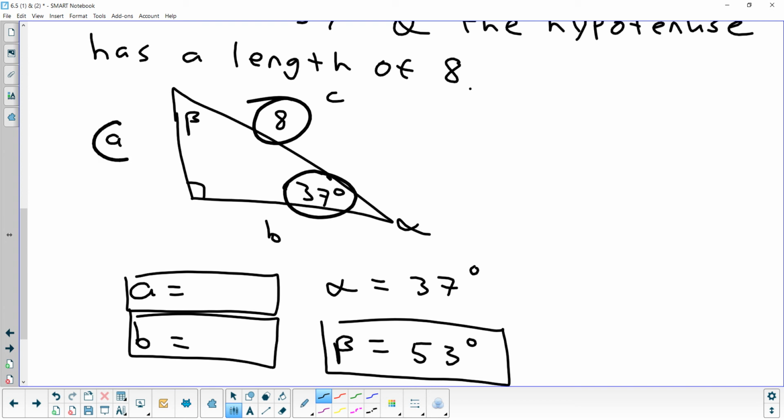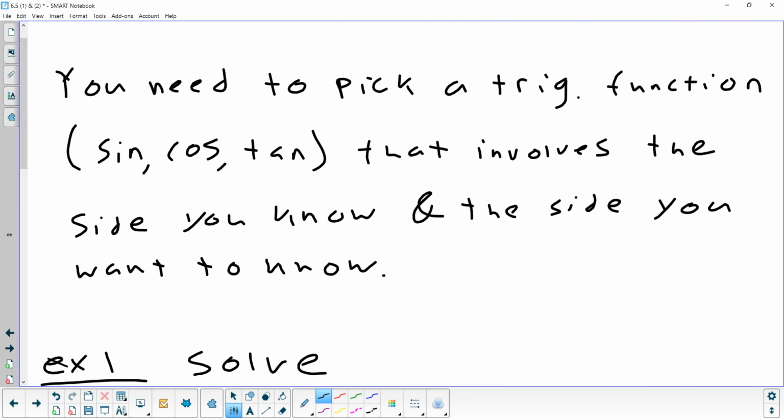A. There's the 3 pieces of information that I'm going to use: the A, the 8, and the 37. What we have to do now is, from the perspective of the 37, label these 2 sides using opposite, adjacent, and hypotenuse. And once we know their names, that will tell us which one of these 3 to use.